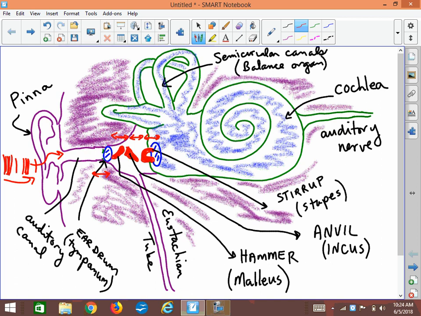They all have the same function, basically. So you can say that they change the pressure wave into a mechanical wave of vibrating bones, and they serve to amplify the signal to allow us to get a little bit more juice, a little bit more volume out of the signal.